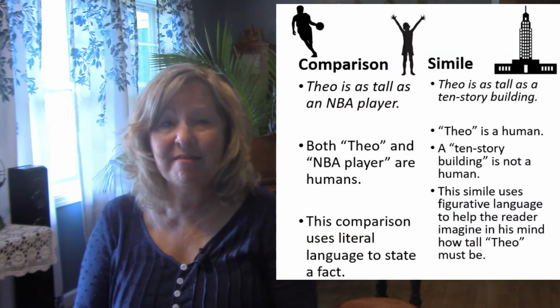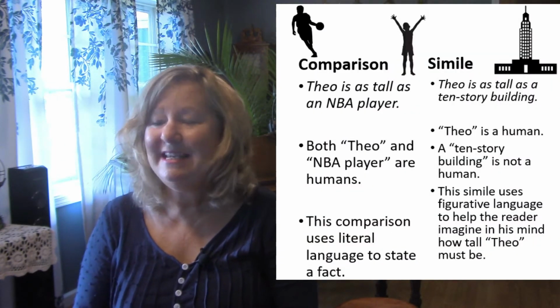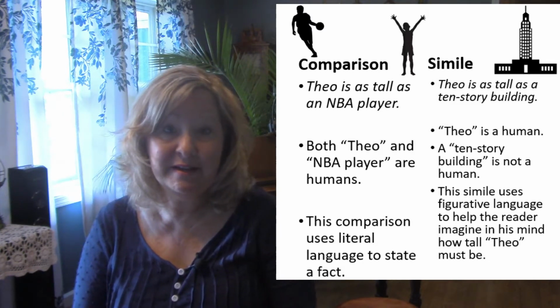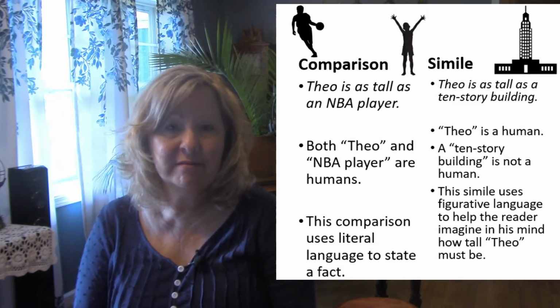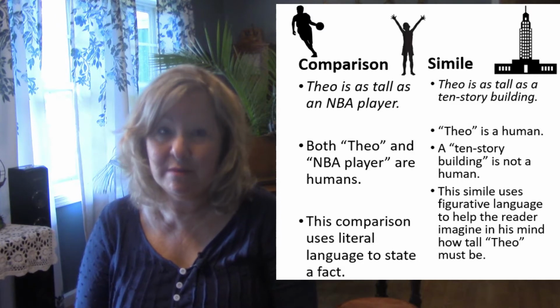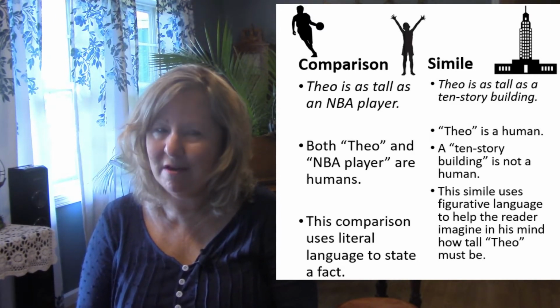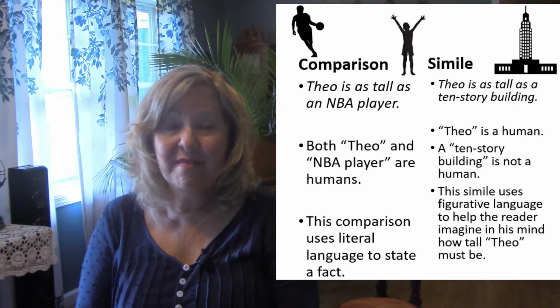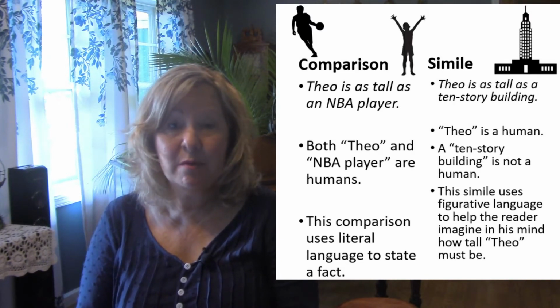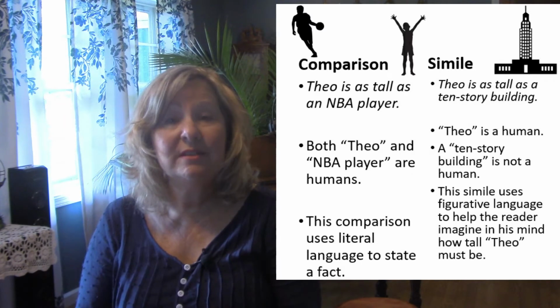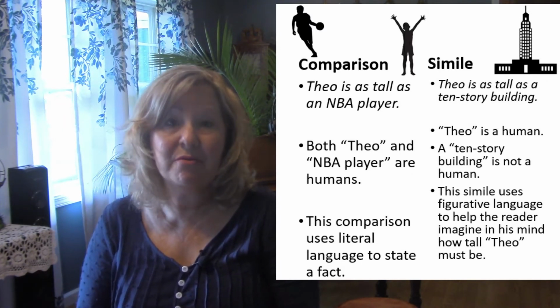So let's look at an example. Theo is as tall as an NBA player. Well, you can see from that little icon of Theo in the middle of the page and the basketball player up in the left-hand corner that Theo and the basketball player are both people. They're just comparing facts about those people.